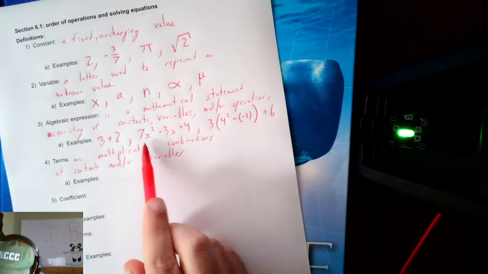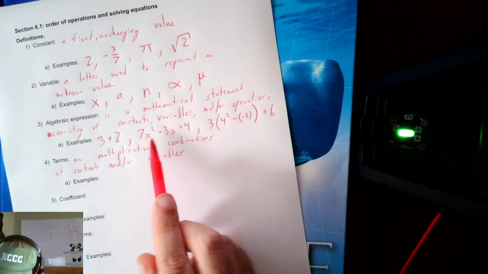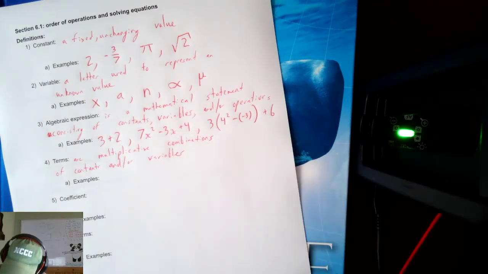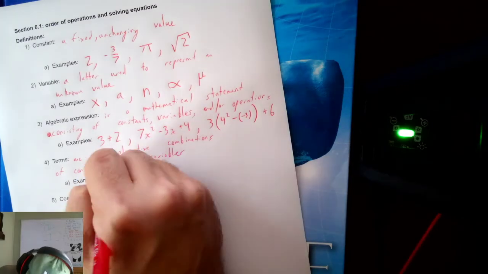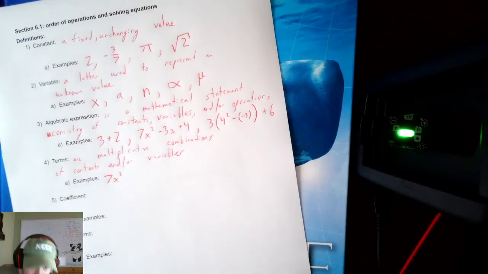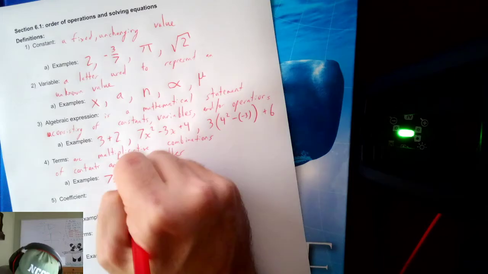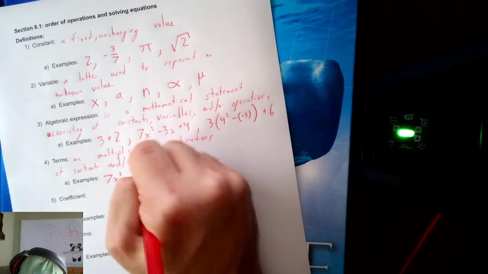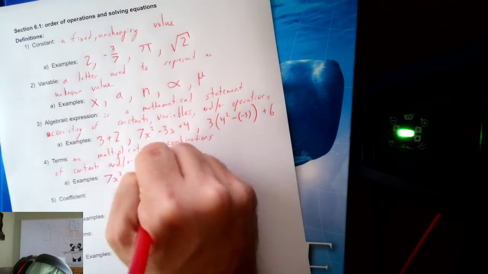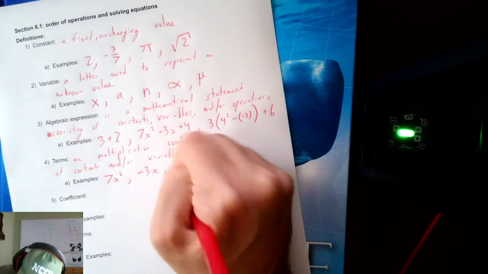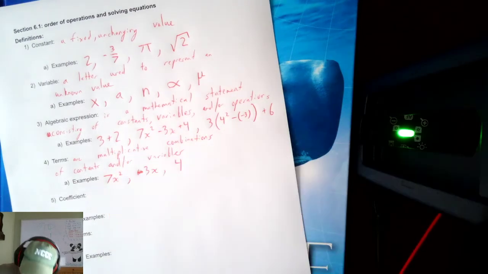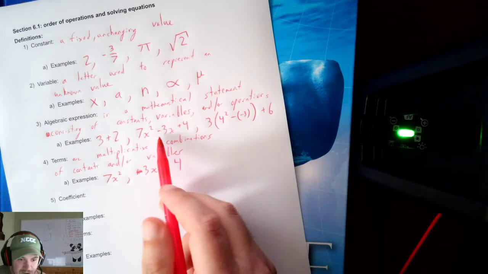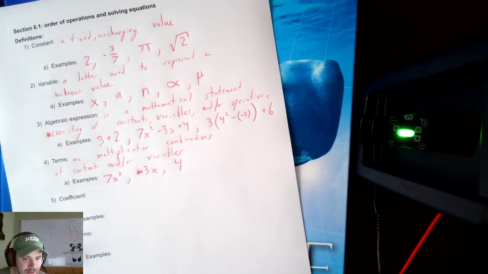In this expression here, 7x squared minus 3x plus 4, it has 3 terms. 7x squared is one of the terms. Another term is negative 3x, and the last term is 4. You could have left the negative off of here as well, just 3x, as long as you remember it's subtraction, right? Probably better to write it that way if we're being honest.